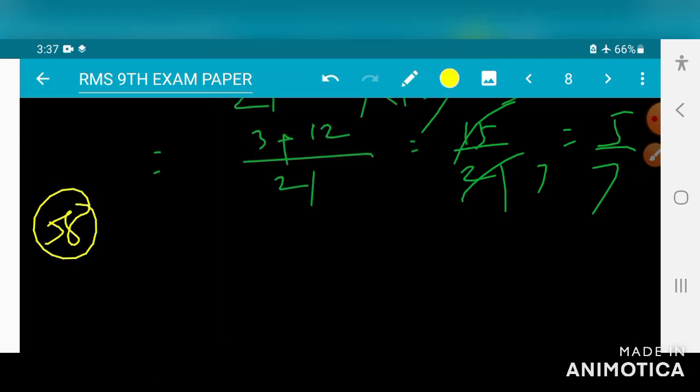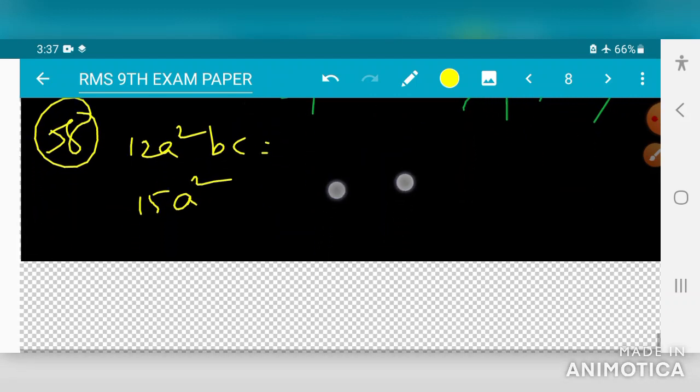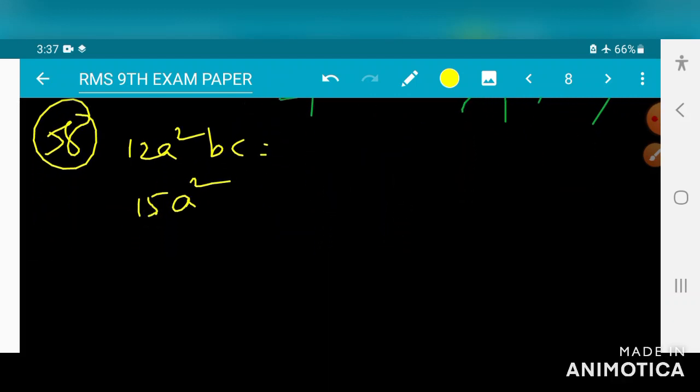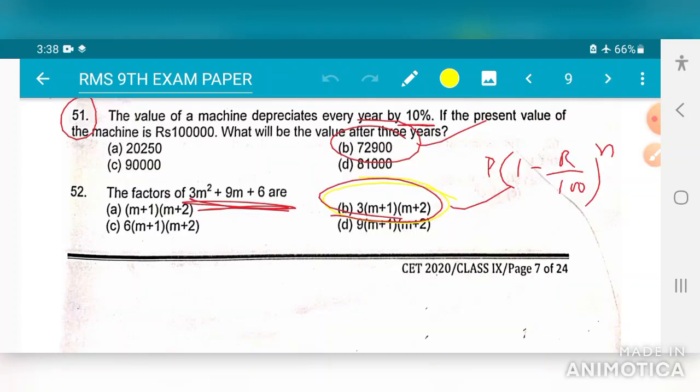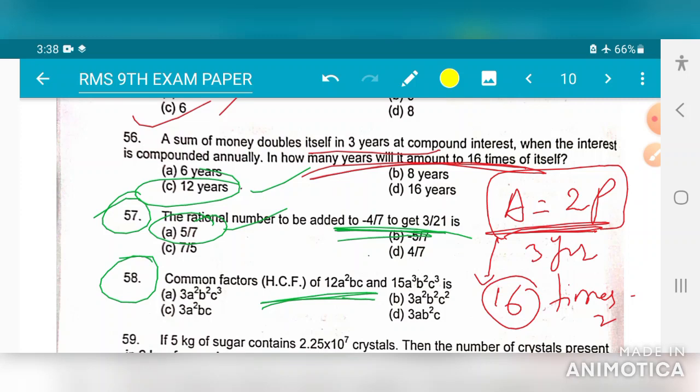What is given to us? 12a square bc, and another one is given, 15a cube b square c cube.